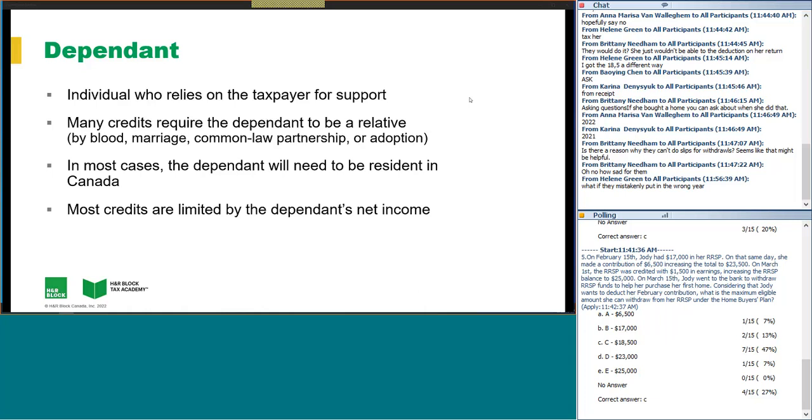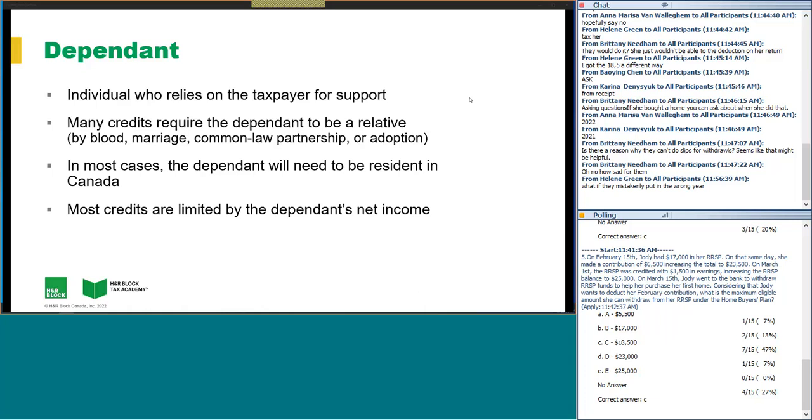Okay, so broad strokes here, this is where we get fuzzy. Most of the time, the dependent has to be resident in Canada, but not all of the time. And most of the credits related to dependents are limited by the dependent's net income. So if the dependent has income, it usually reduces the credit. Not always, but usually. Okay, so there's the big picture, and it's already sounding fuzzy because support is always part of it.